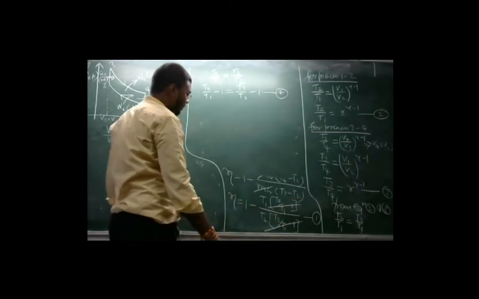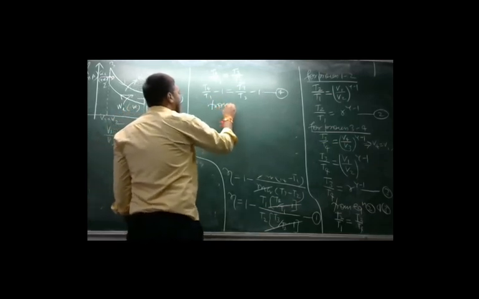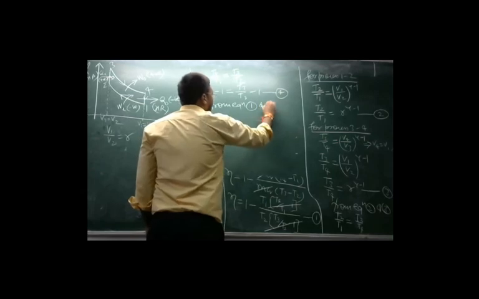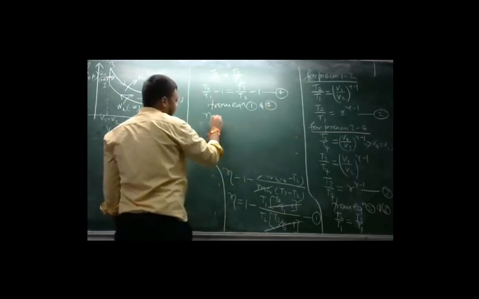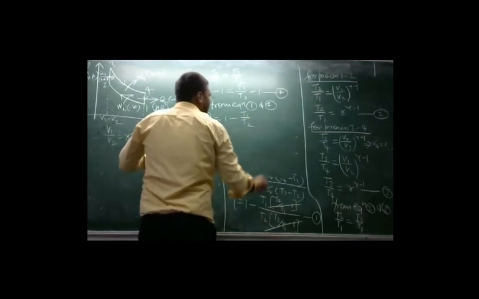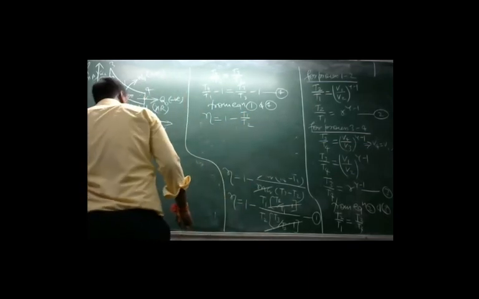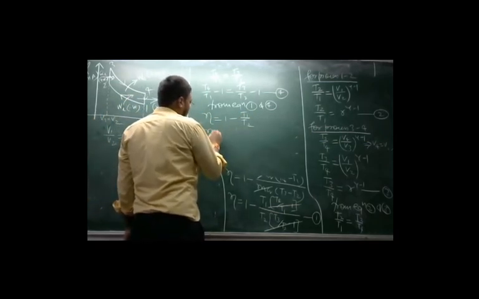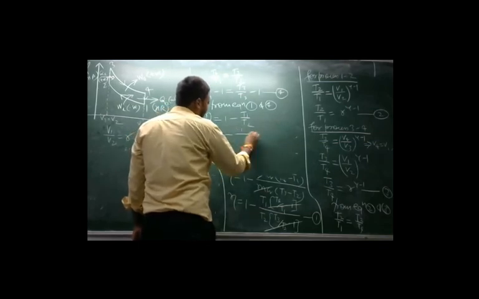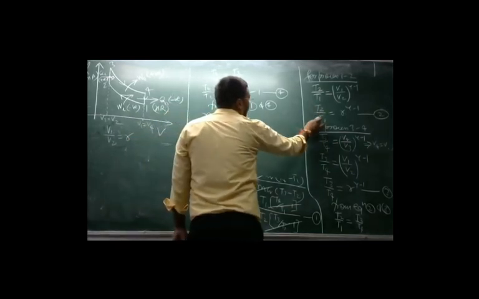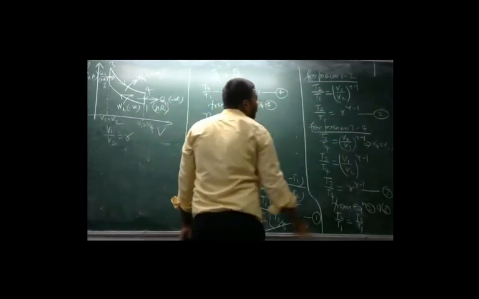So from equations 1 and 4, we can say that eta is equal to 1 minus T1 by T2, and taking this T1 below T2, eta should be equal to 1 minus 1 by T2 by T1. And from equation 2, T2 by T1 is equal to r to the power gamma minus 1.